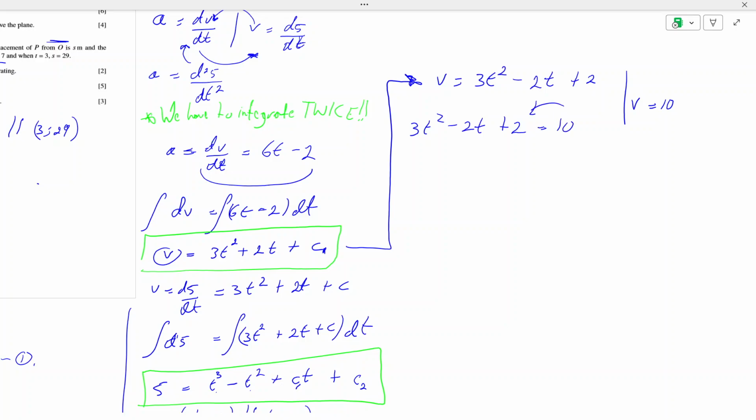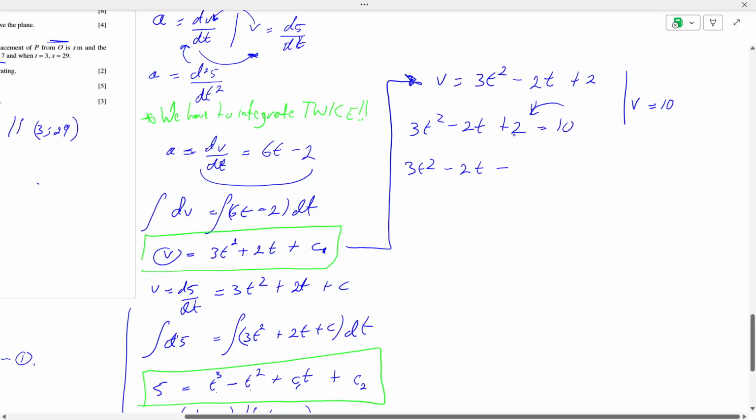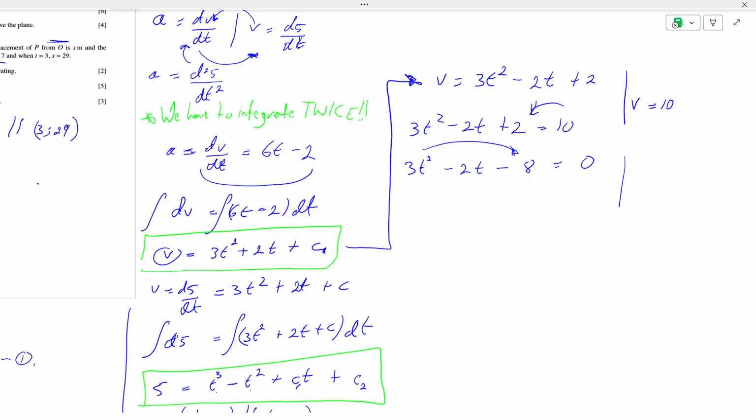Then I can take the 10 to the other side. 3t squared minus 2t plus, it's now negative 8, right? 2 minus 10 is negative 8, is equal to 0. Okay, then you could factorize. Multiply 3 by negative 8, you get negative 24 t squared.